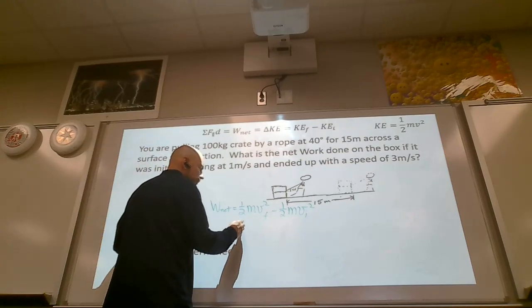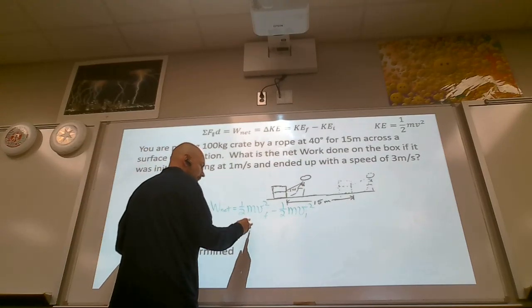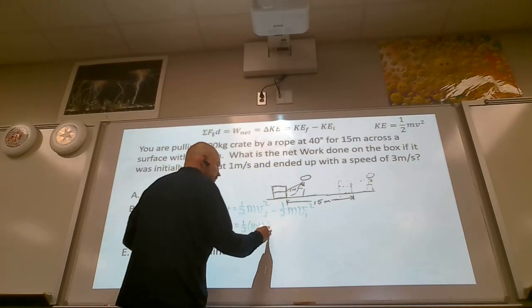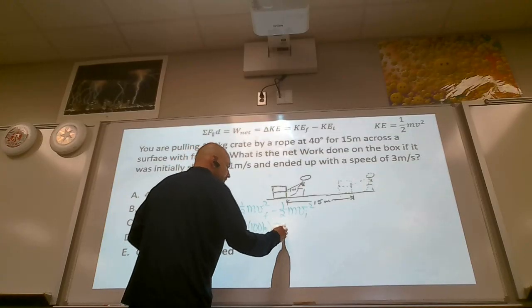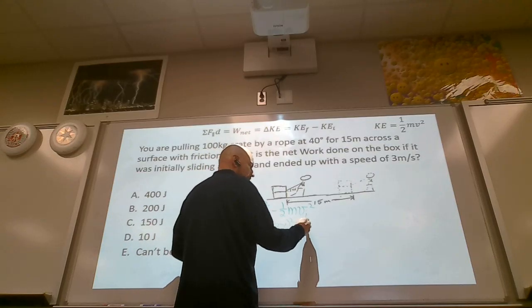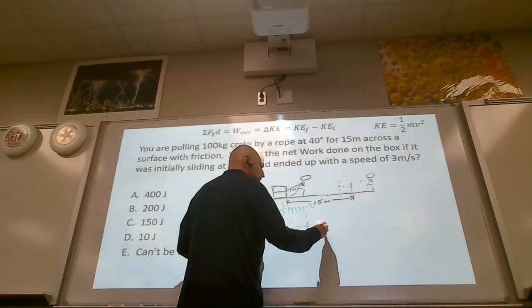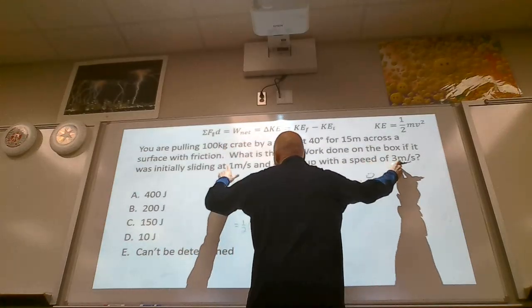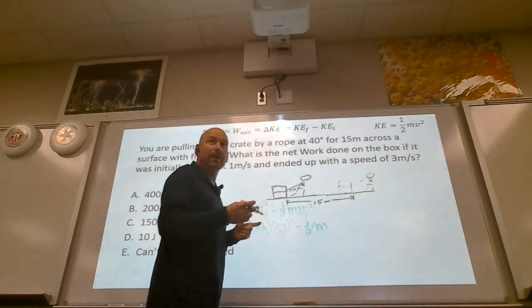The other thing that I wanted you to see from this is order of operations. You need to square the speeds before you subtract them. So you're not going to say 3 minus 1 and then square it.